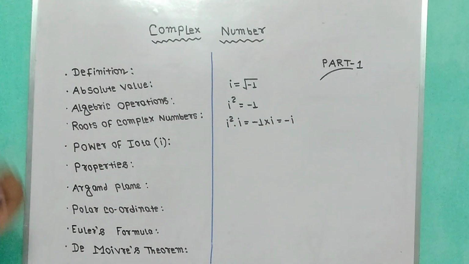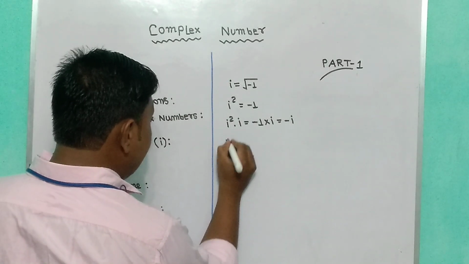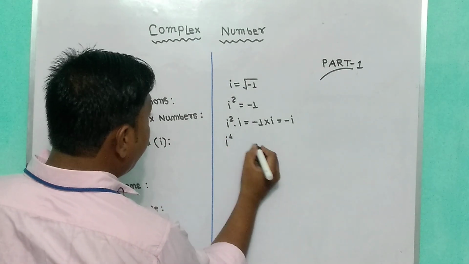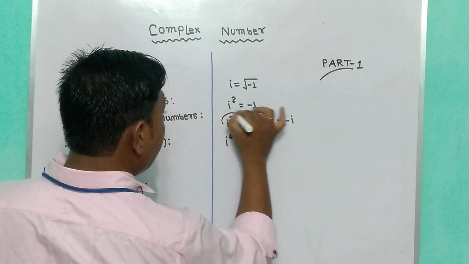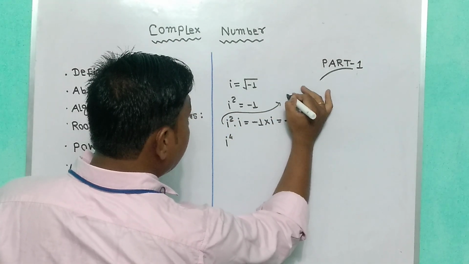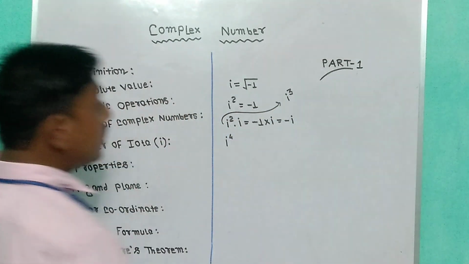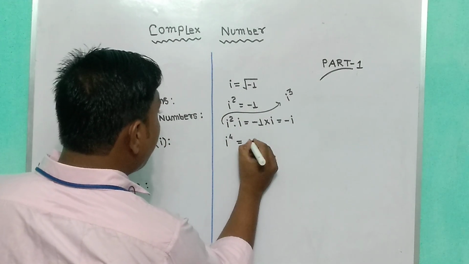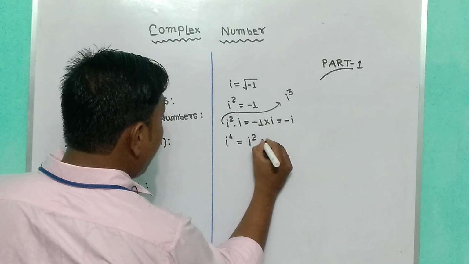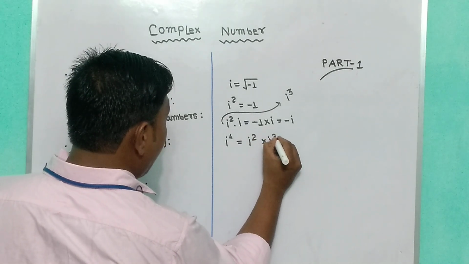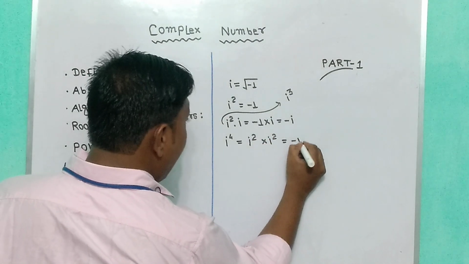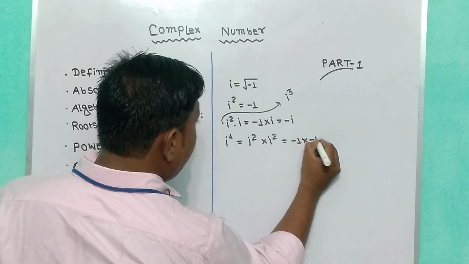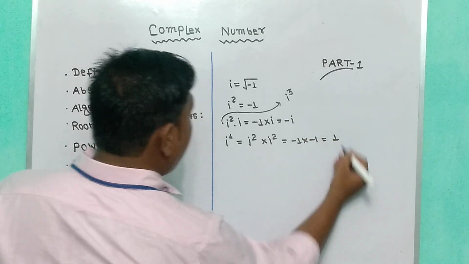Clear? Now i cube equals minus i. That means i to the power 4 equals i square into i square, that means minus 1 into minus 1. So we will get plus 1.